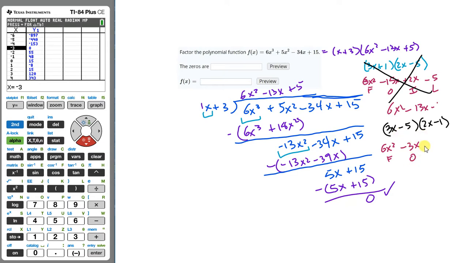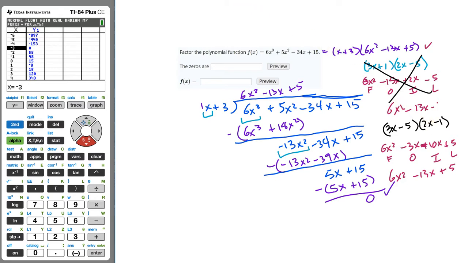Inner times inner is minus 10x. And then last times last is plus 5. If I add up my like terms, we're going to have 6x squared minus 13x plus 5. So that's working, right? That matches this. So that means this was the factorization.